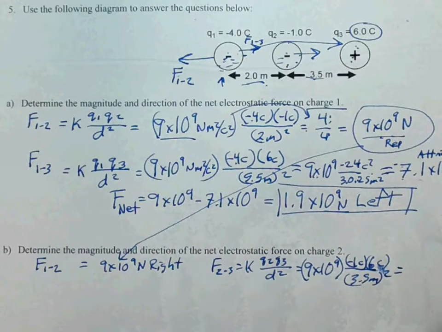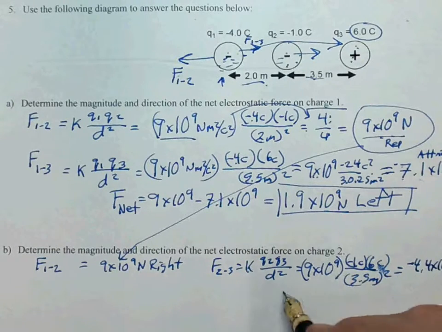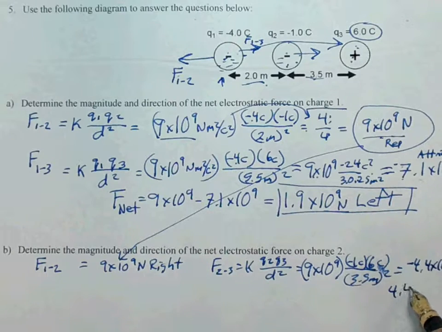And when we solve this, we end up with a -4.4 times 10 to the 9th. I know you can't see that. Let me rewrite that. 4.4 times 10 to the 9th newtons.